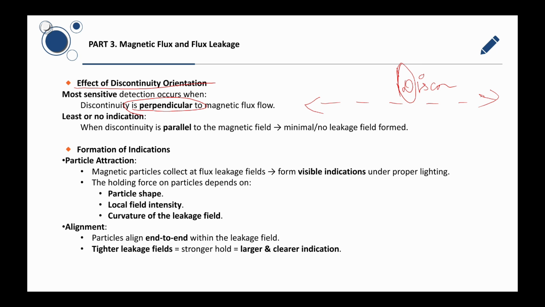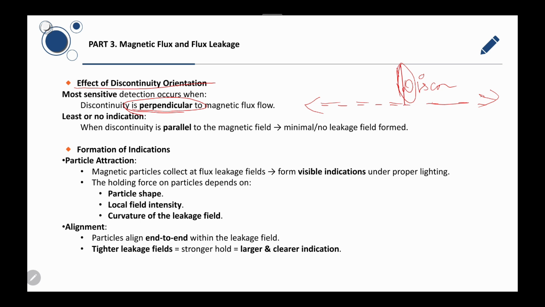If the discontinuity is parallel to the magnetic field, there will be minimal or no leakage field formed, making it very difficult or impossible to detect. The flux can just flow around or alongside the flaw without being forced out. So always remember: perpendicular to magnetic flux flow.